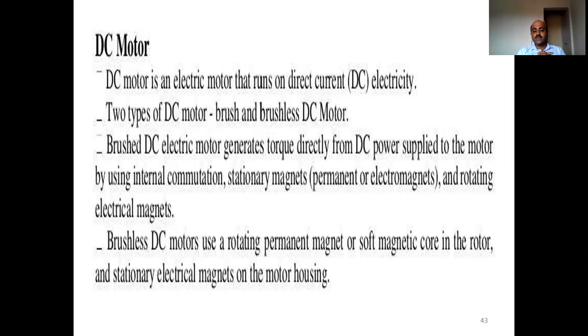In the case of brushless DC motors, the rotor consists of a rotating permanent magnet or a soft magnetic core, whereas the electrical magnets are stationary in the motor housing. Using these two things, the brushless DC motors generate torque. So this is the basic difference between the brushed DC motor and brushless DC motor.